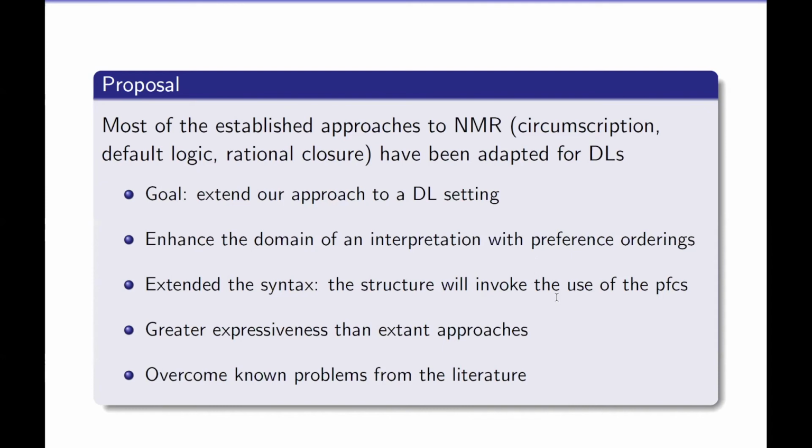What we mean by that is that the current framework would be used as a basis for specific DL expressions to make use of. This would give a greater expressiveness than extant approaches, since normality would be given with respect to specific concepts or roles. And we believe known problems from the literature would eventually be overcome, like the problems related to inheritance.